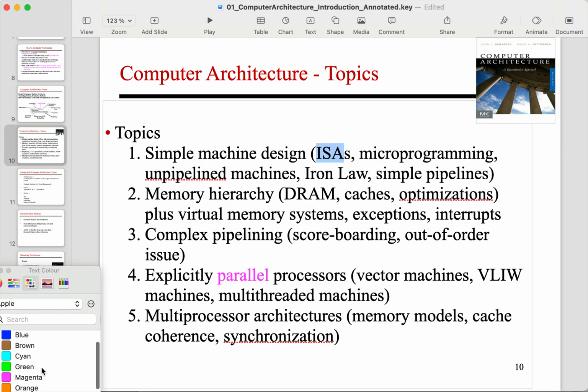So, all of these things are topics that we will be studying in our lessons of the computer architecture subject. Okay, instruction sets, pipelines, main memories, virtual memories, exceptions, and interrupts, as well as the parallel processors, which are actually an advanced subject. And then the processor architectures.